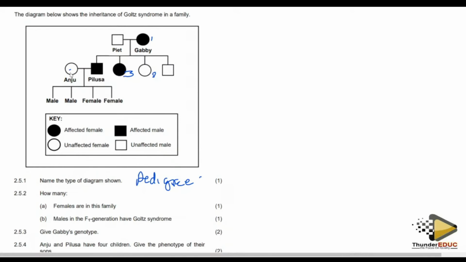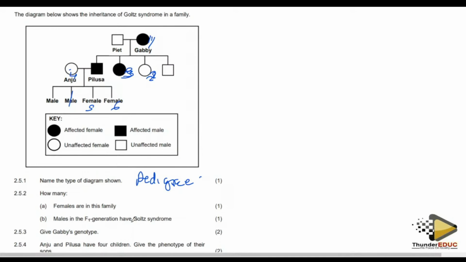Okay. It's one, it's two. Since now they are going down, they're saying females, not kids. Okay. It's one, two, three, four, five, six. They're not saying kids, they're saying all the females. So there are six females.